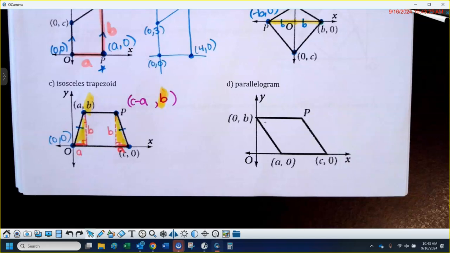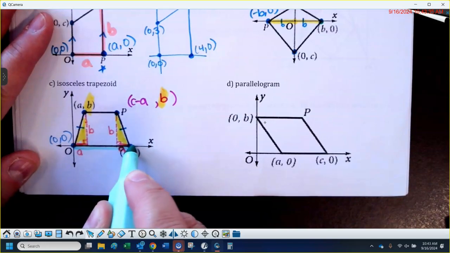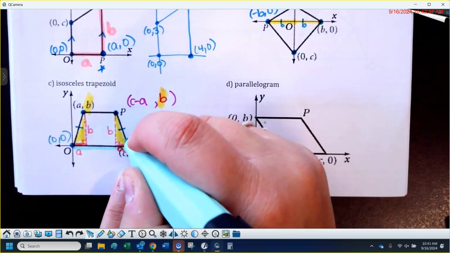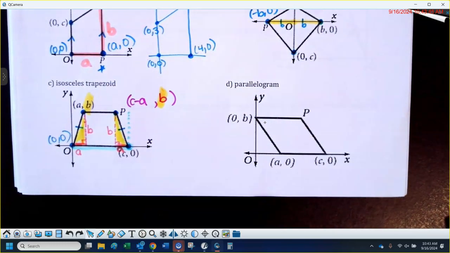The super, super tricky part of this question is this x coordinate. So let me go back and kind of explain this a little tiny bit. If you get over to this point all the way here, this corner, it's C,0. And I'm just going to draw like a little bitty dotted line. My point P is back a little bit from that. Do you guys see that? Like if I go all the way over to C, here I am.